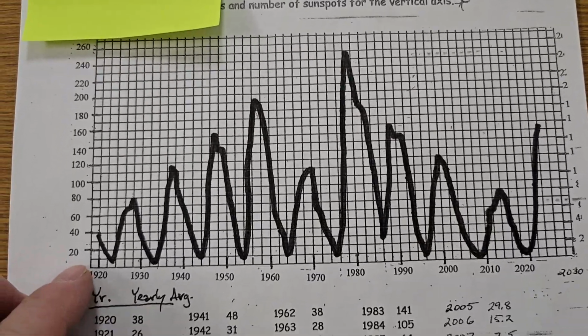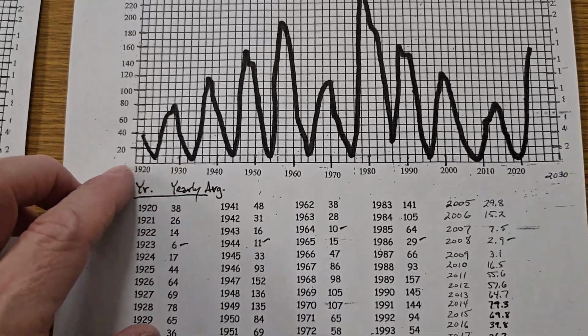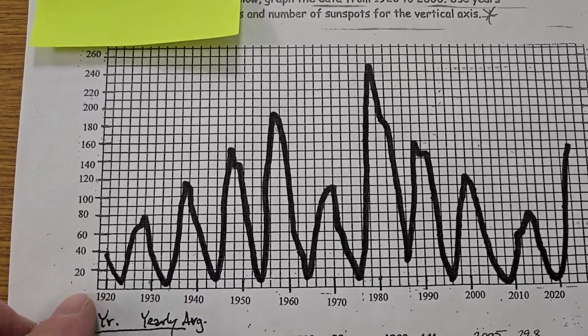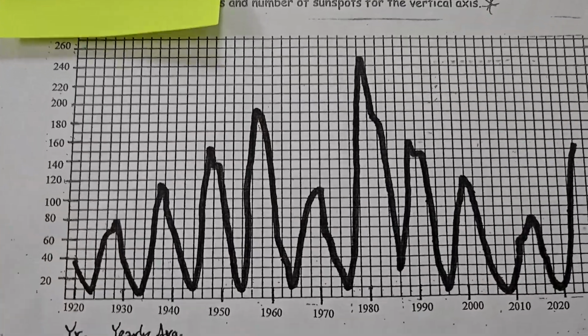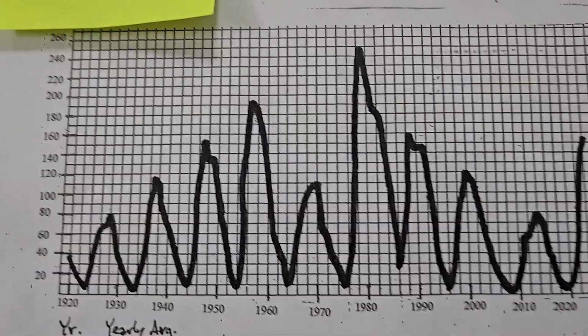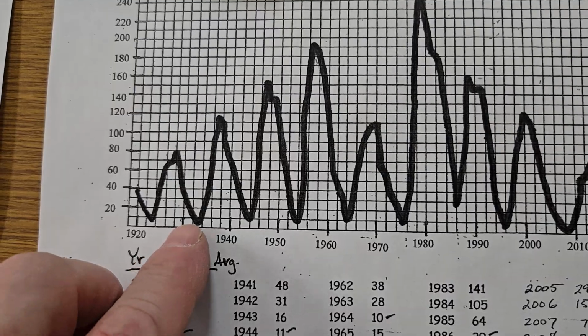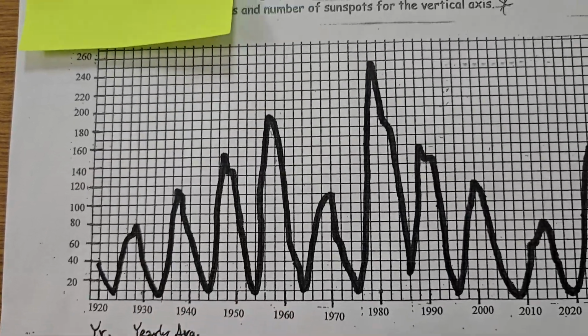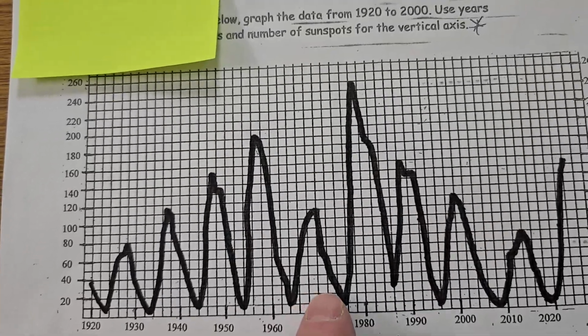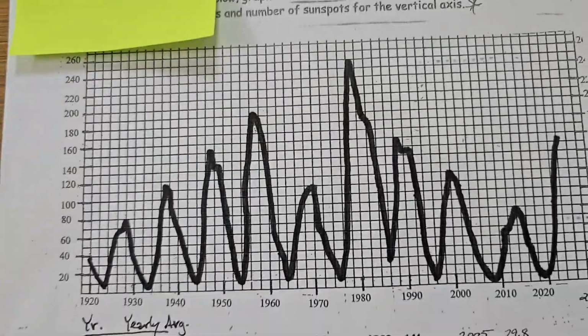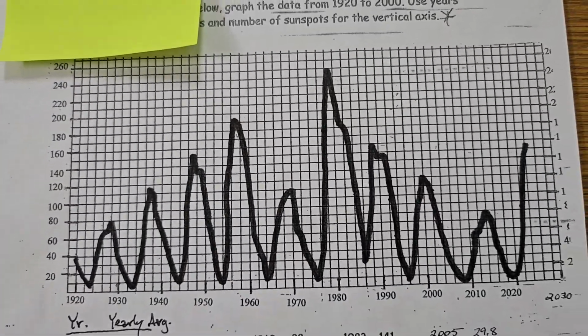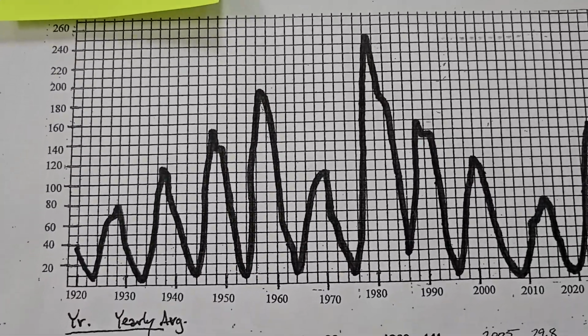This is the whole data set from 1920 through 2024. All right. Notice the widths are still about 10 to 11 years wide, but look at the variety of the activity levels. And I asked this question when we were done: is this real?